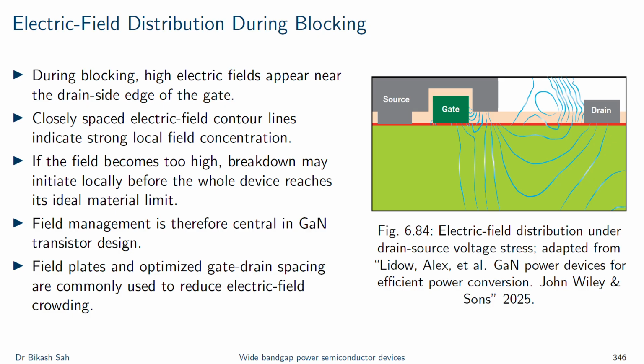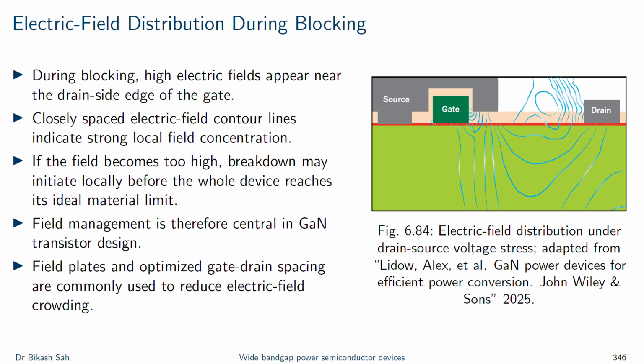Therefore, a device designer uses examples like field plates, optimized gate-drain spacing, and surface passivation to make sure that the electric field is distributed more uniformly. The figure is sort of a warning against one-dimensional thinking. Ideal equations are useful, but real devices actually fail at the local field, which could be a peak.